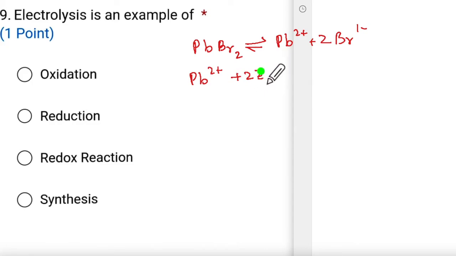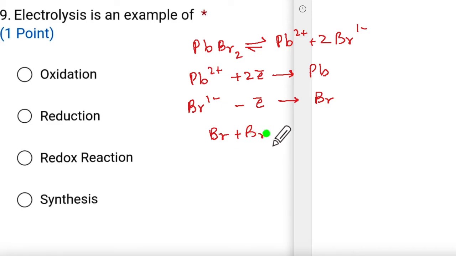It will gain 2 electrons and it will become a lead atom, and Br- will lose 1 electron and that will become Br, but it has to become Br plus Br, which is Br2. So this all must take place in your mind. If you cannot do this in your mind, write it down like this.